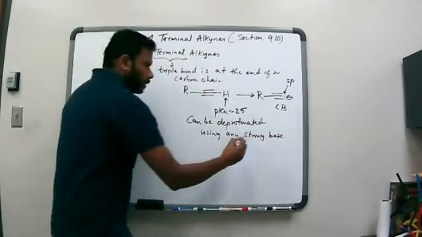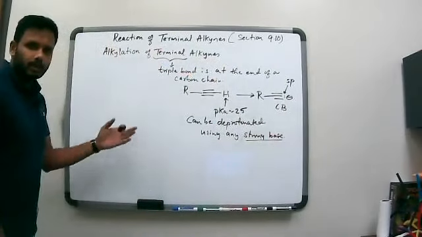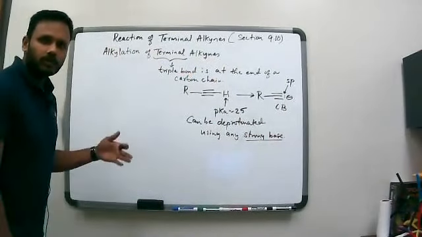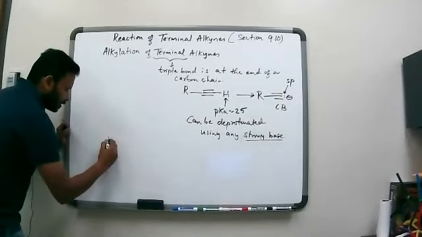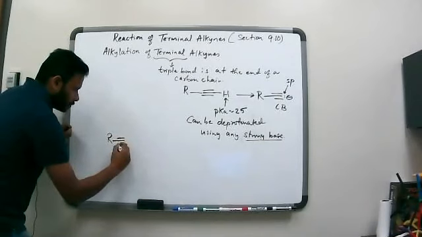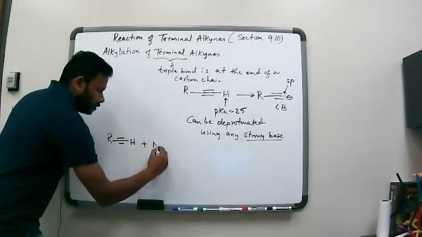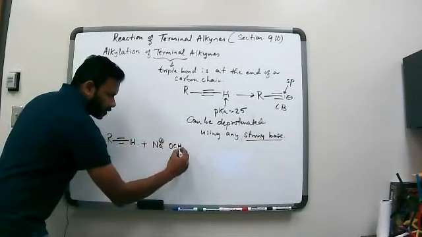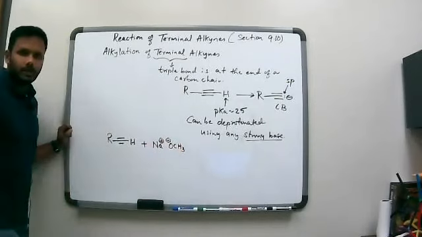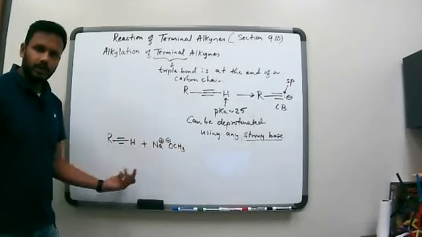Now, what is a strong base? Let's quickly review some of chapter 3 to get a feel for what sort of base we can use here. Let's say I react this terminal alkyne with sodium methoxide. We know that this is a strong base. It's also a strong nucleophile, but in this particular context, we're using it as a base.